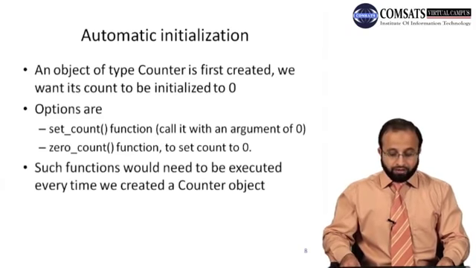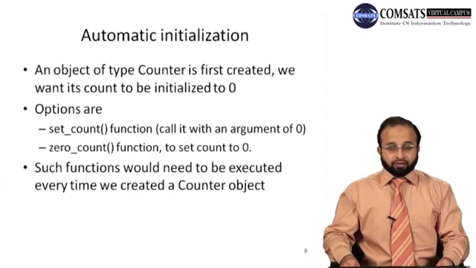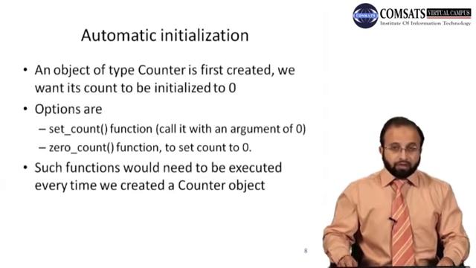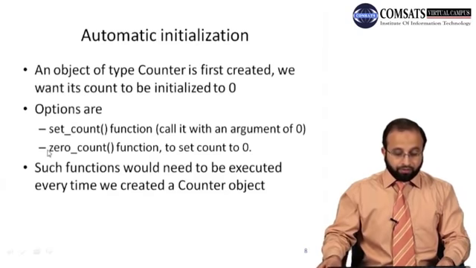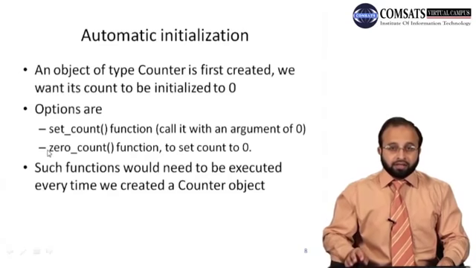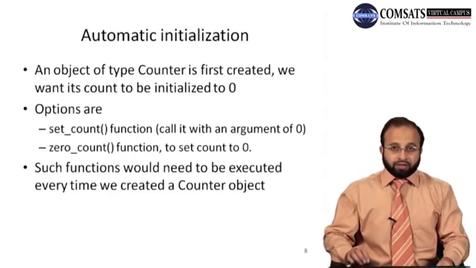Such functions would need to be executed every time we create a counter object. So whenever you create a counter object, you have to explicitly call these functions in order to initialize the private data member of that object.